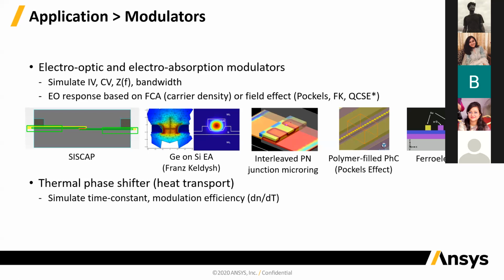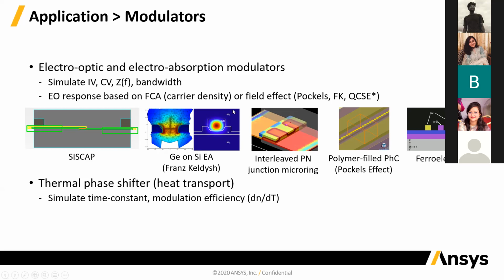These modulators can use a lot of different physics. The most common ones are based on carrier density effects or plasma dispersion effects, where you apply a voltage on a waveguide, you change the carrier density of the waveguide by that voltage, and as the carrier density changes on the path of light propagation, it changes the behavior of the waveguide.